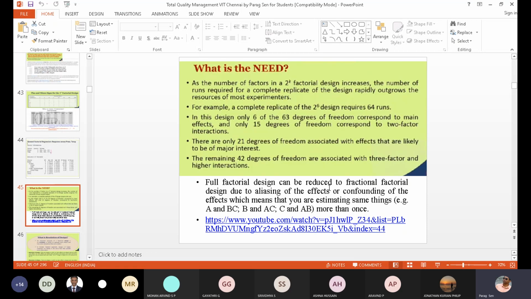The interaction of speed, feed, and depth of cut will have a much lower effect on the response variable, because there is a natural tendency that the effect gets diluted as you move to higher order interactions. When you consider a lot of interactions of the main factors, their ability to change the response variable, their sensitivity, becomes lesser.